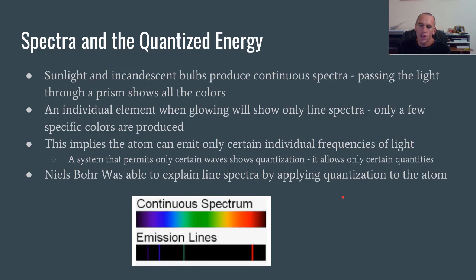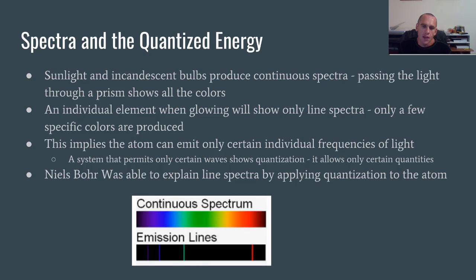This was something that caused Einstein to get a Nobel Prize, because it was a completely different way of looking at light, where we were saying light is actually not just a wave, it's also a stream of particles. And so we say light has wave-particle duality. It acts like both a wave and a particle, and we can pick how we want to analyze it based on the situation we're in.